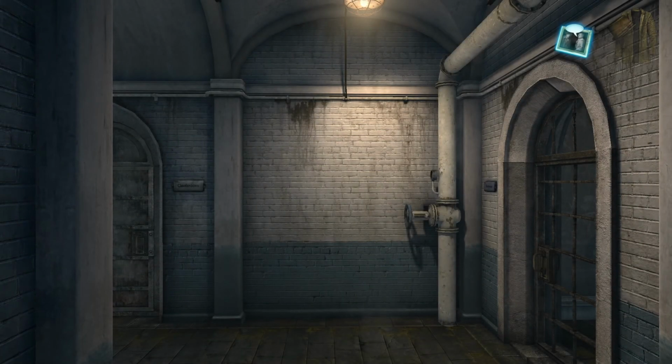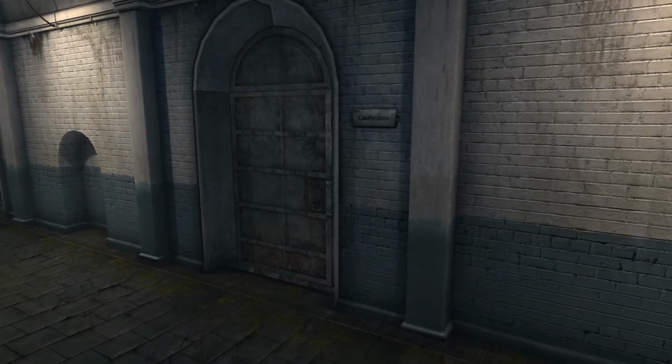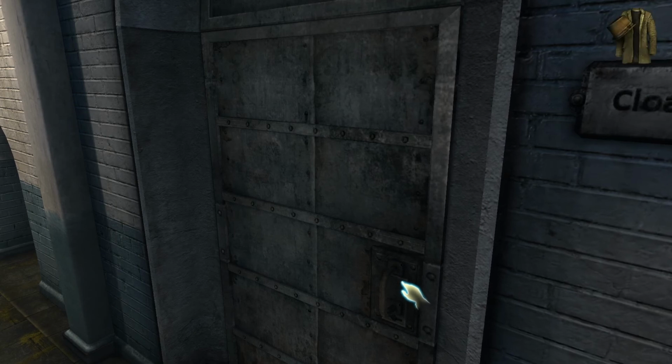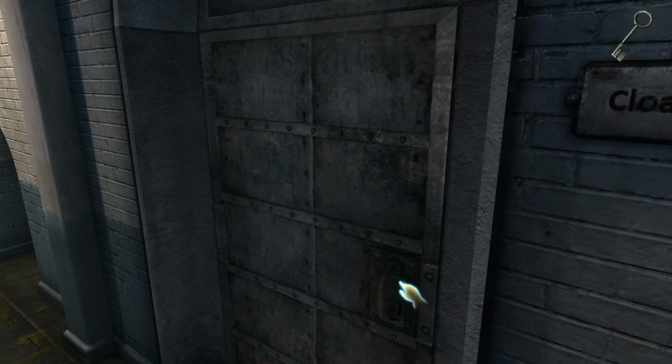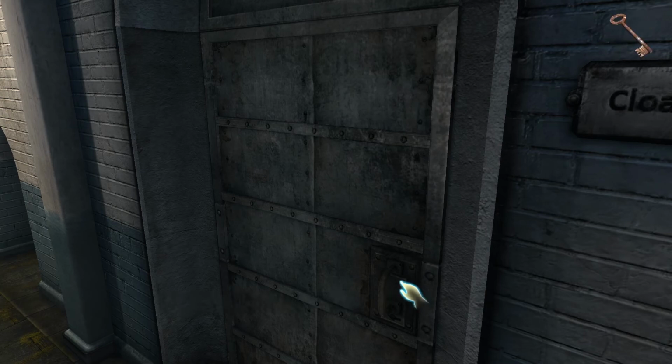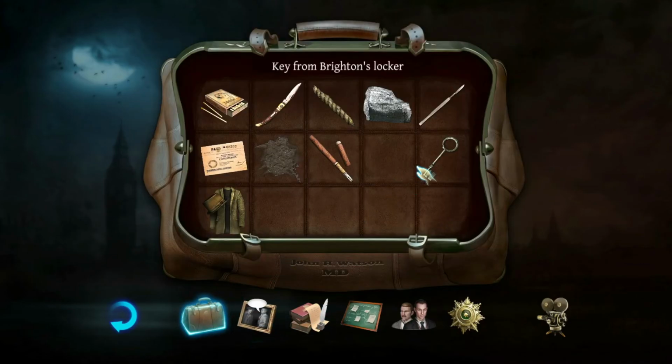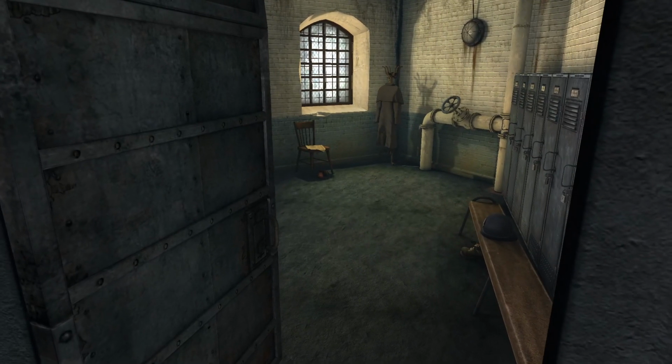Okay. Well, let's go to the cloak room then. Apparently we need to go. Closed. Okay. What keys do I actually have now? Oh, the other one is the key from Brighton's locker, and this is Brighton's suit. Okay.